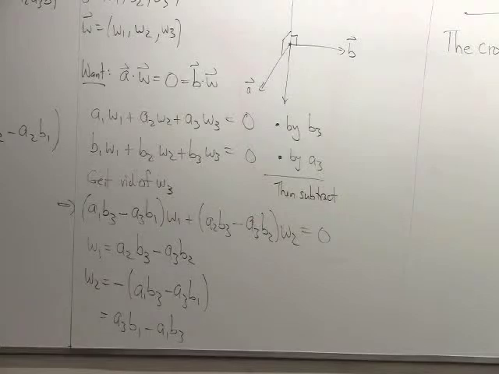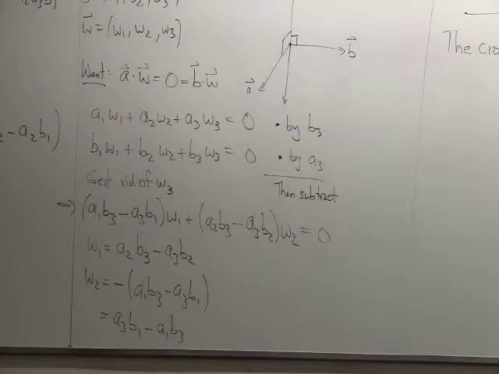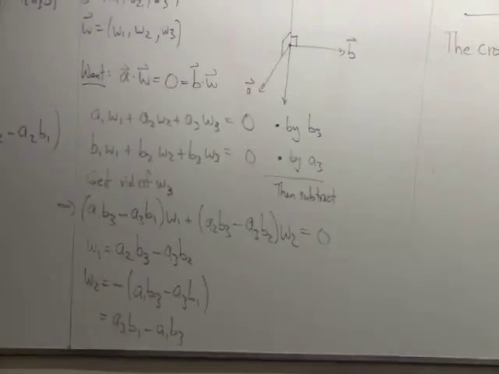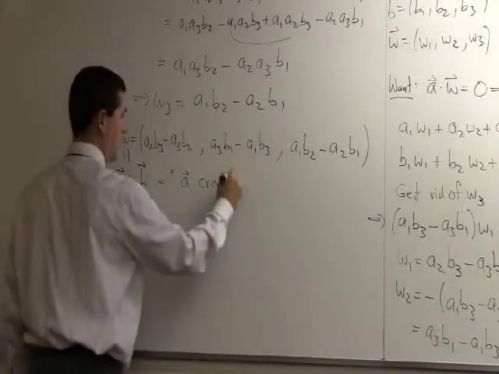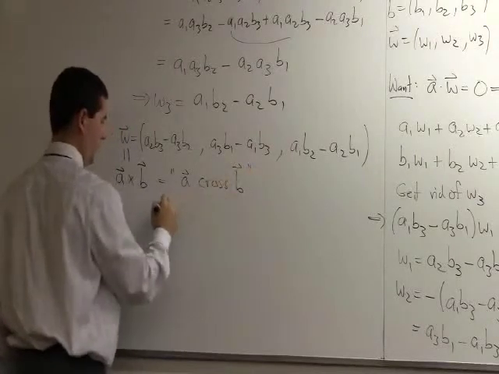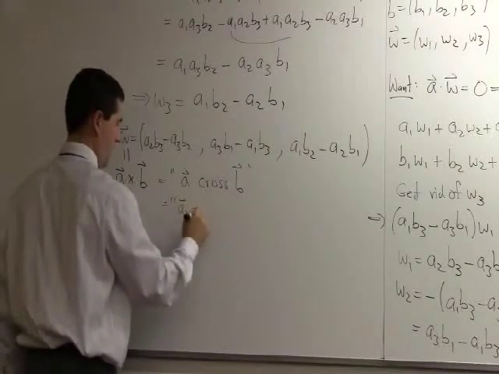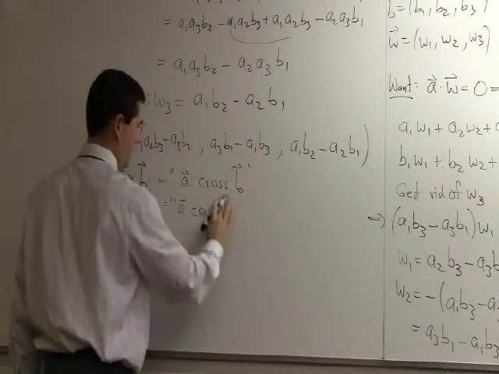And we're going to give a name to this vector. Instead of calling it W, we're going to call this A cross B. This is not read times. This is read A cross B. Or more glibly, A cross product B.